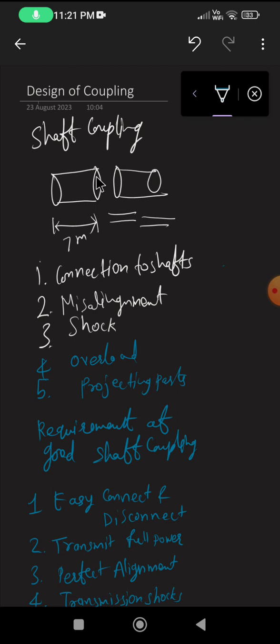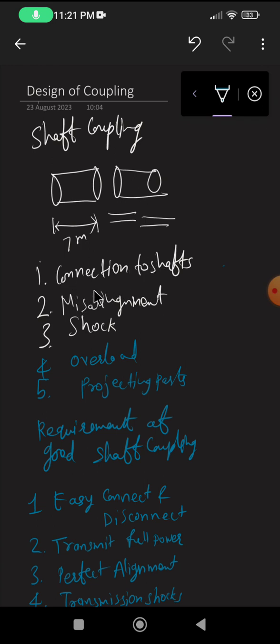In order to have greater length, it becomes necessary to join two or more pieces of shaft by means of a coupling. Shaft couplings are used in machinery for various purposes. The first is to provide the connection of shafts of units that are manufactured separately, such as a motor and generator, and to provide disconnection for repairs or alterations.